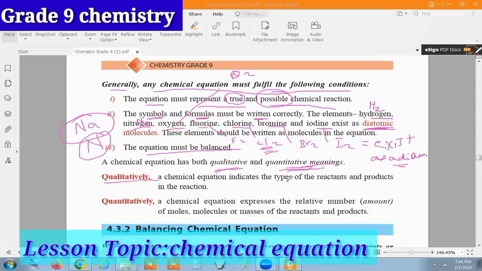qualitatively, a chemical equation includes types of reactants. What does this mean? It stands for the types or kinds.